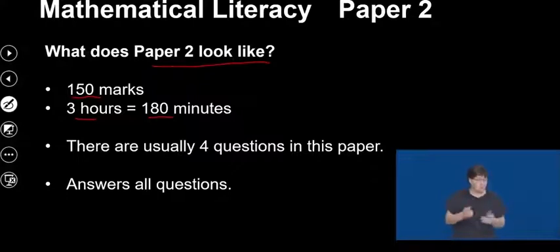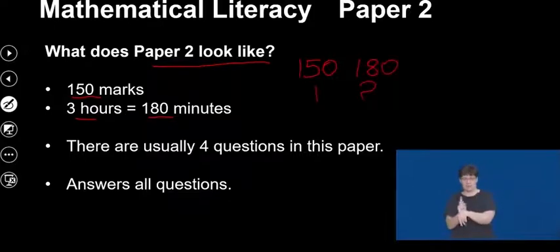Now what I told you in Paper 1, I'm going to repeat now. It's important that we know how many marks we need to work with per minute, or how many minutes per mark. I've written out my 150 marks and 180 minutes, and I'm going to calculate how many minutes I need per mark.